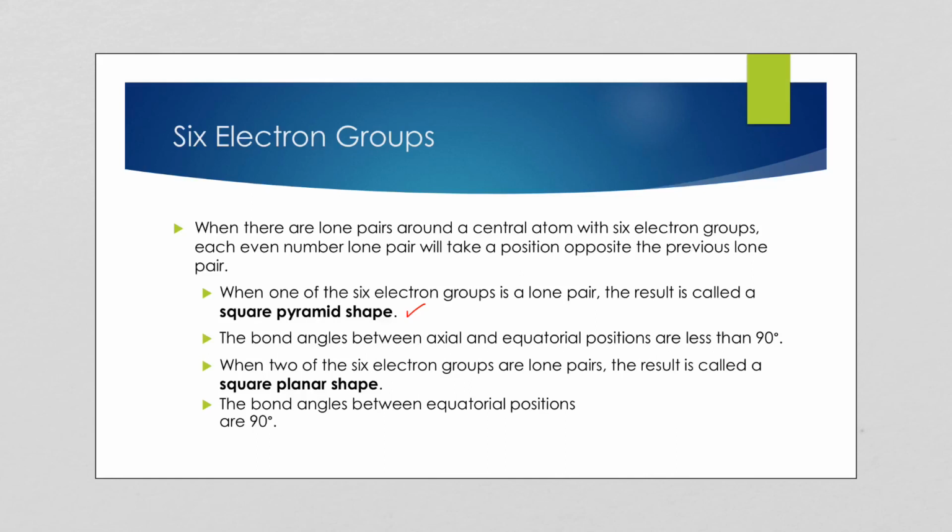If you have 2 lone pairs, the second lone pair is always going to go 180 degrees from the first lone pair. So they're going to go on opposite sides of our octahedral, and that's going to result in what's called a square planar geometry. And the bond angles will be 90 degrees in that square plane. So let's look at pictures.